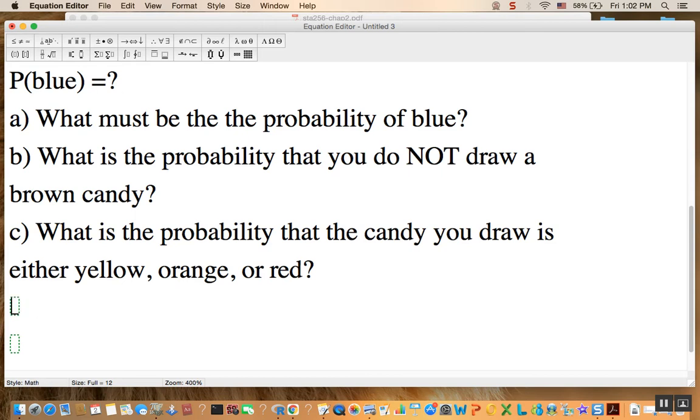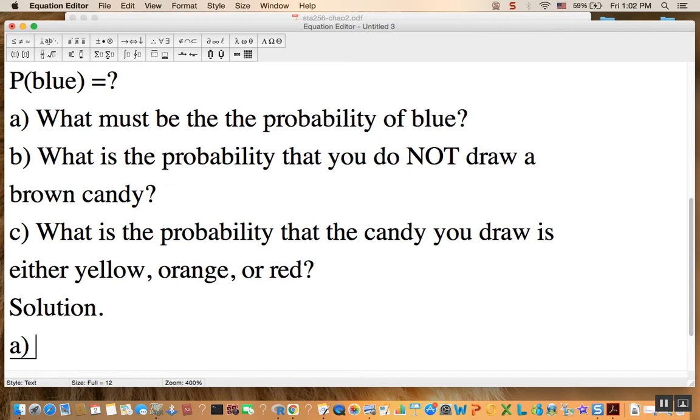let's answer those questions. And again, this is a simple example, but the purpose of this simple toy example is showing you that you already know a lot about the properties of a probability function. So, solution for the answer for the first question.